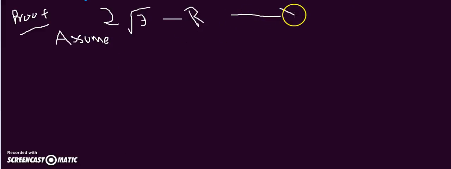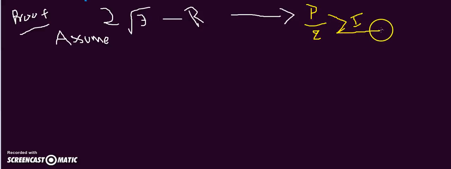What is the definition of a rational number? It is any number in the form of p by q, where p and q are integers and q is not equal to 0.